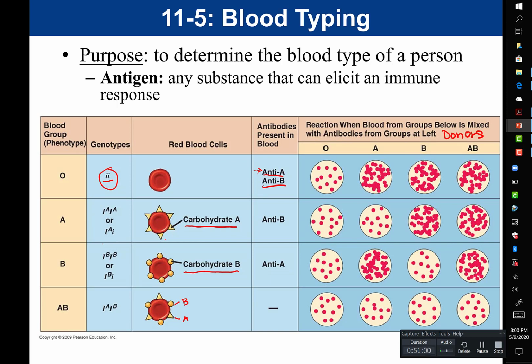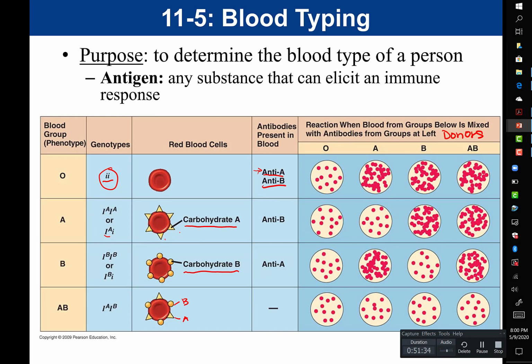So you're still going to see type A blood because they still have the gene for A. So they are what we call heterozygous. They have IA little i. So either of those two genotypes, IAIA or IA little i, are going to give you A blood type, meaning that they make A carbohydrates on their blood cells.